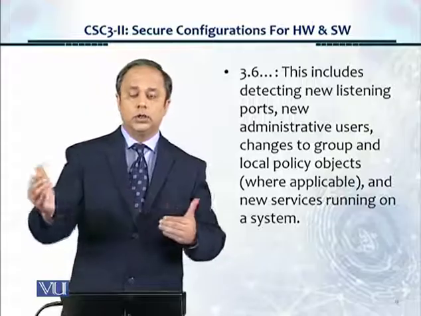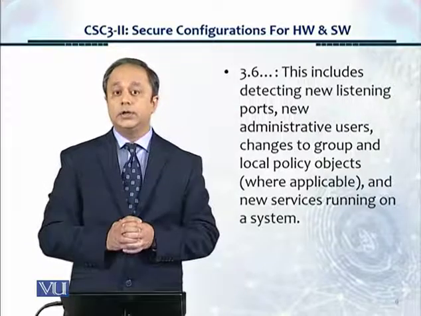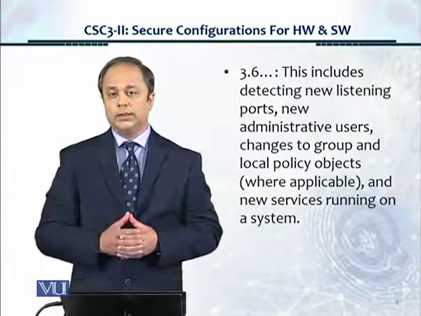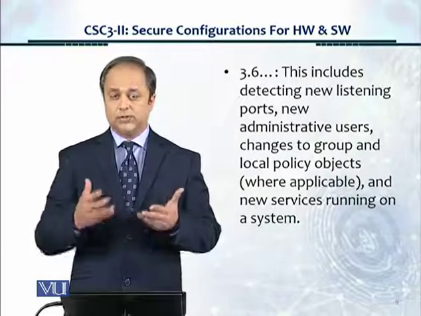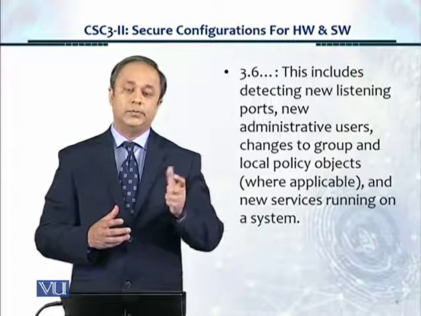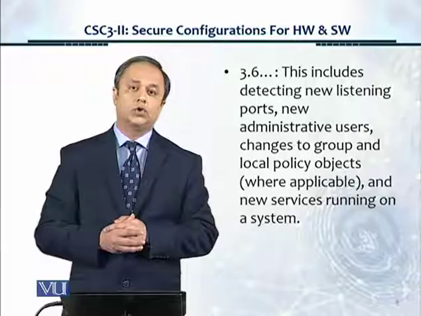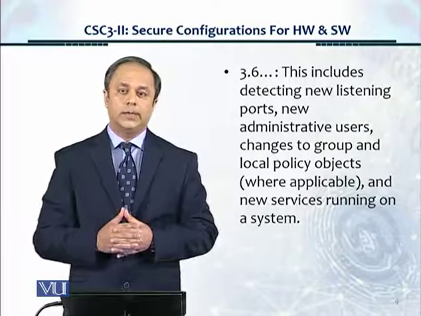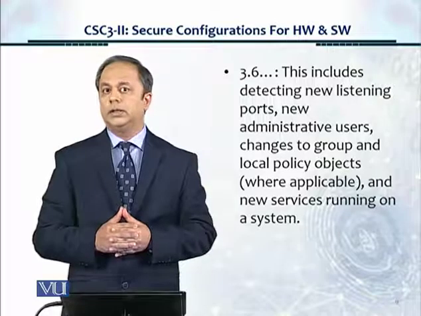So all of those changes should be detected by a configuration management system. And one such tool, for example, is the tool which tests configuration. It's the tool developed by the Center for Internet Security, which is called CAT Pro. You can go onto the website and this tool is available, but there's a cost to it.